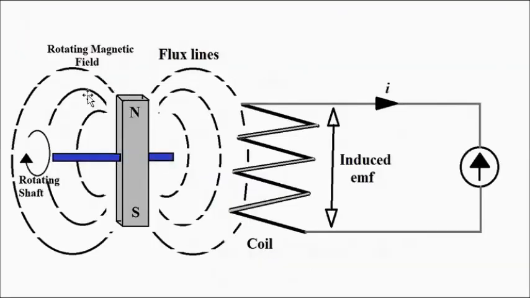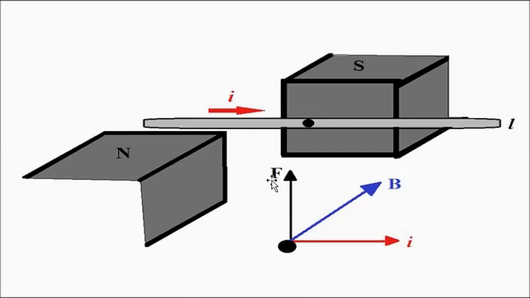So Faraday's law gives us the EMF induced because of a rotating magnetic field or a change in flux linking with the coil, and Maxwell's law gives the expression of the force acting on a current carrying conductor in a magnetic field.